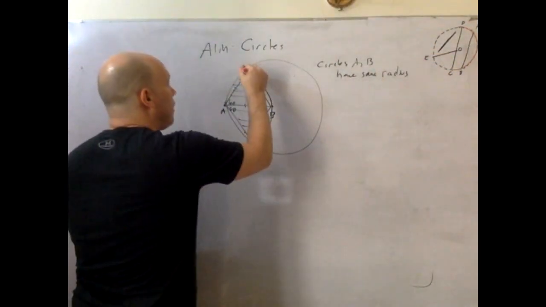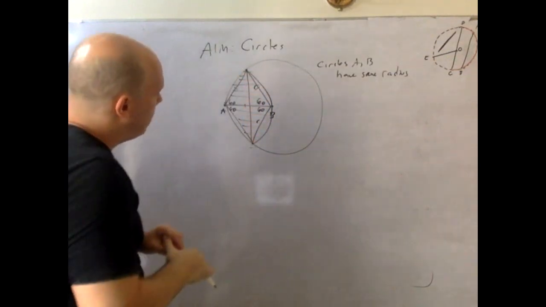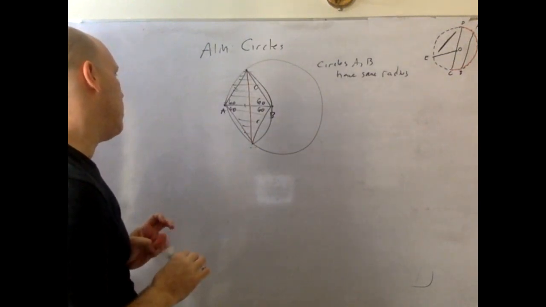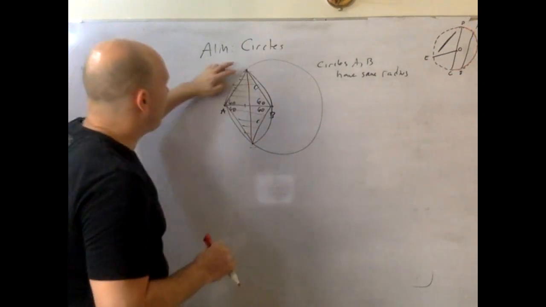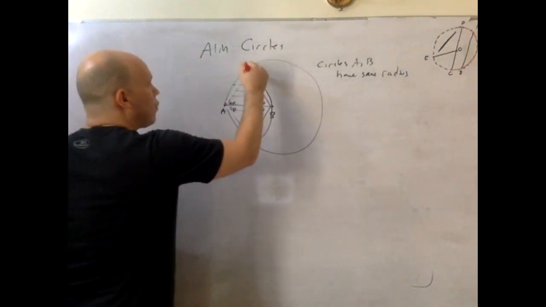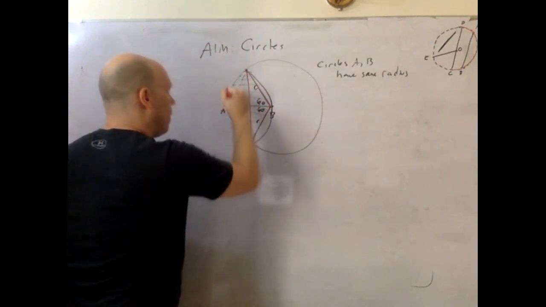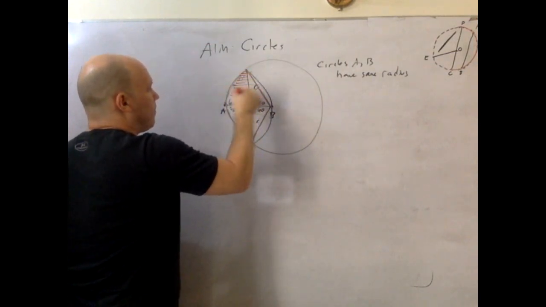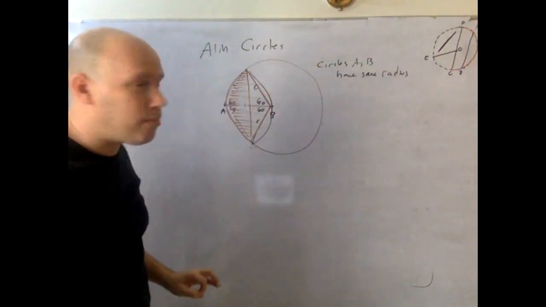Well, if I draw a line here, and I draw a line here, this is my ice cream cone, and so half of this is the region that I'm looking for.